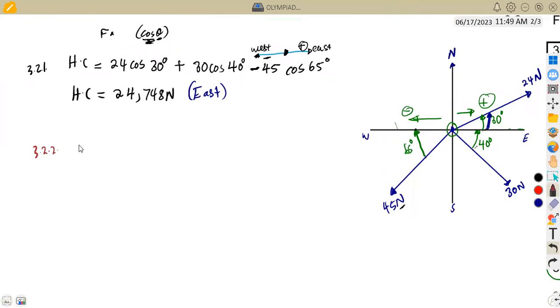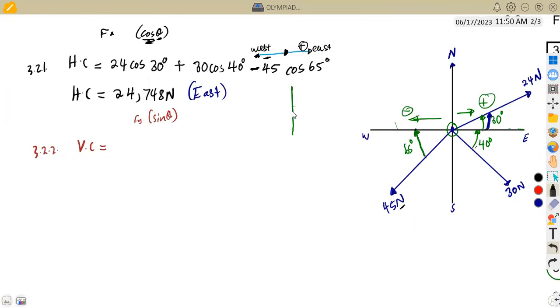The vertical components are referred to as Fy. They use the sine of theta. So we are going to take our forces multiplied by the sine of theta, and also noting this concept: remember it's vertical, so either we are going up or we are going down.